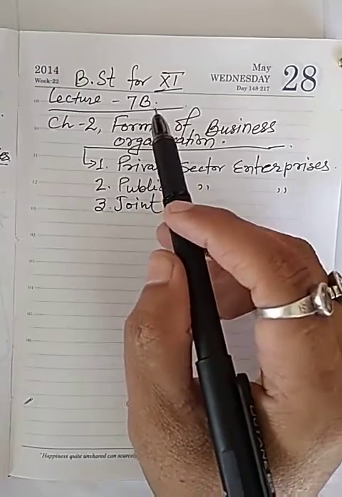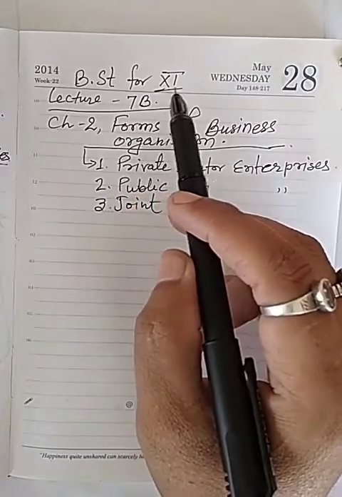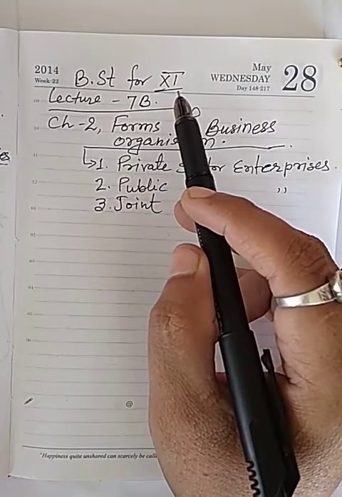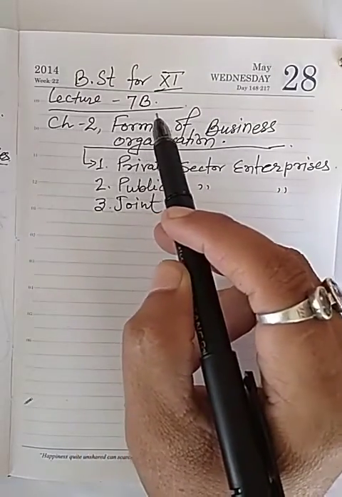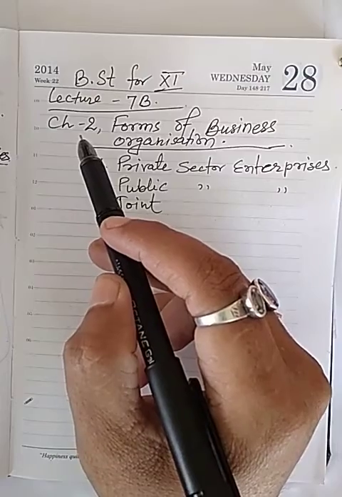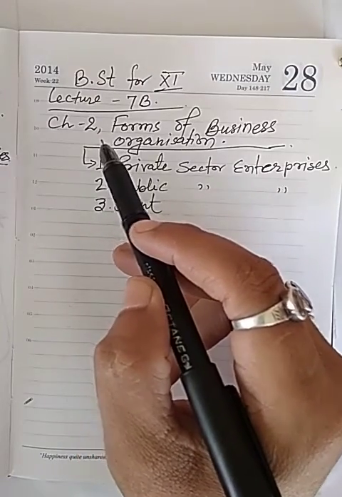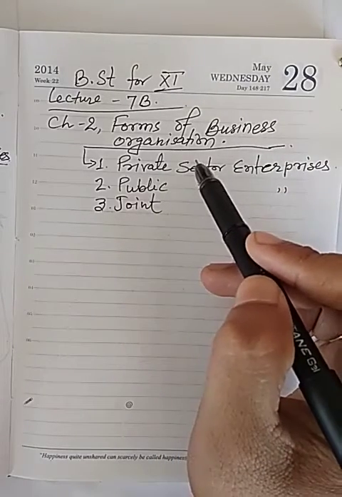Today I am going to teach business studies for 11th class. This is my lecture number 7B, chapter 2, Forms of Business Organization.